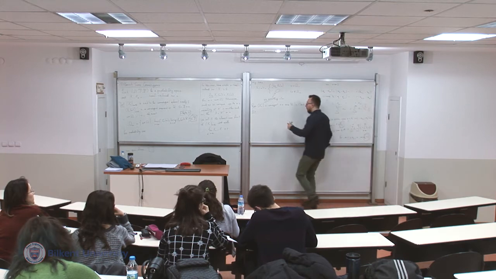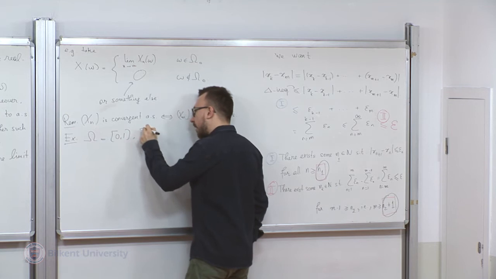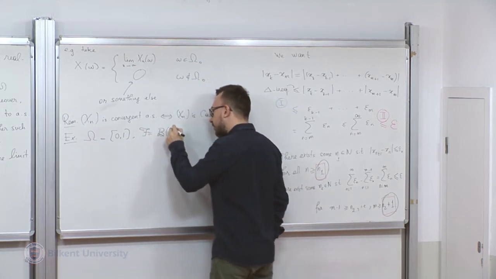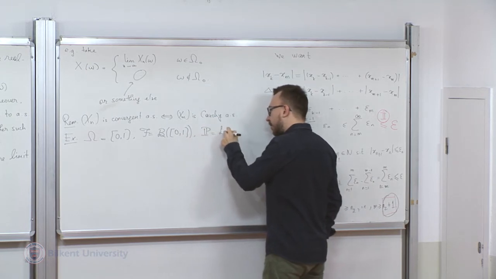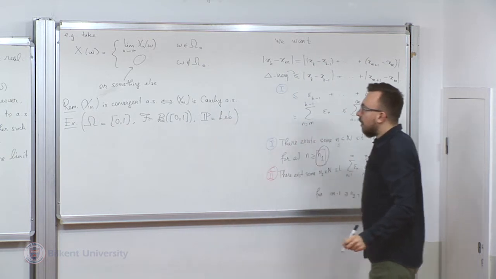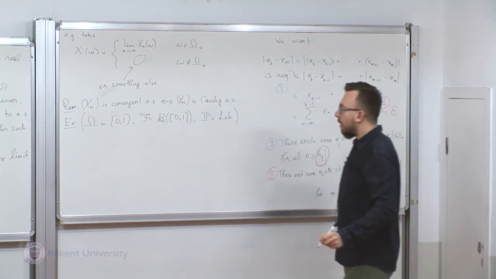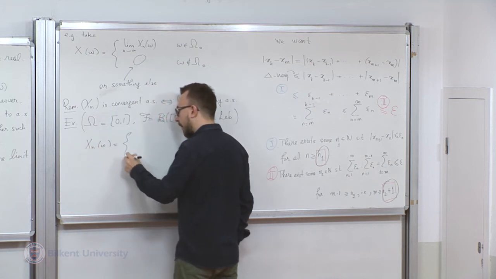Okay? So let's take omega as 0, 1, F as the Borel sigma algebra on 0, 1, and probability being the uniform distribution, just the Lebesgue measure. Okay? And on this, let's define xn of omega as this.